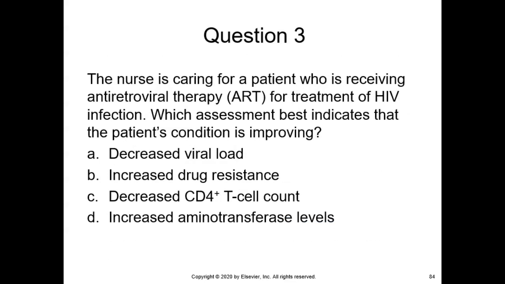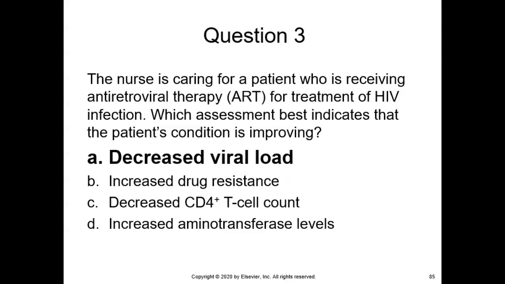Third question for you. Nurse is caring for a patient who's receiving antiretroviral therapy for treatment of HIV infection. Which assessment best indicates that the patient's condition is improving? So which one of those tells us that they're doing better? The answer is the viral load, right?